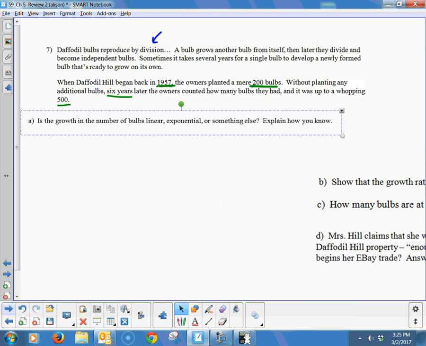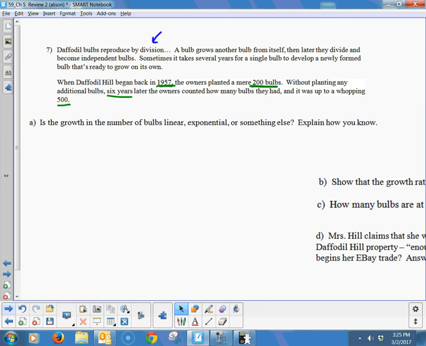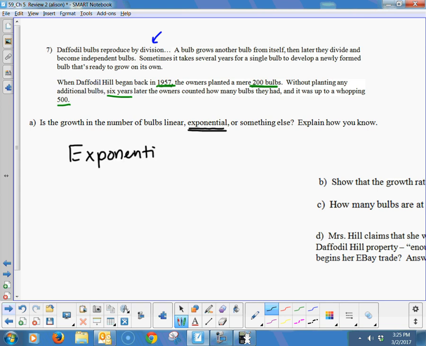And so I'm curious whether you have any thoughts about whether this growth is linear or exponential. And I'm hoping that you realize that this growth is exponential. It's exponential growth. And there are a lot of ways of describing this.